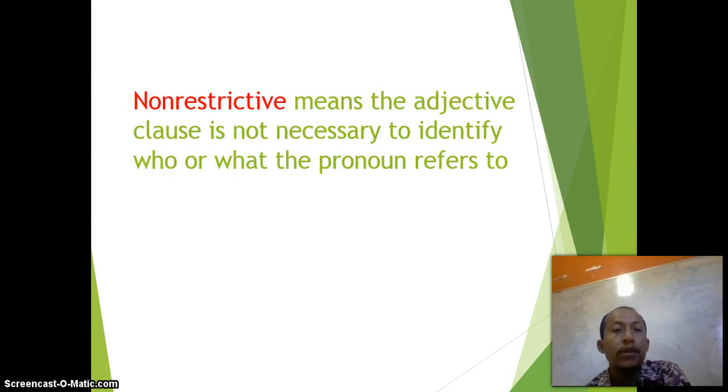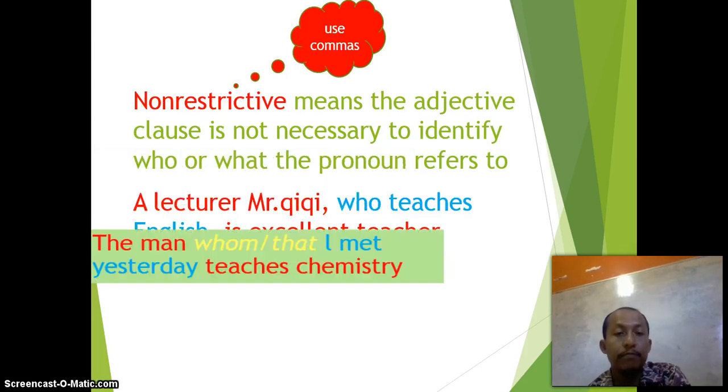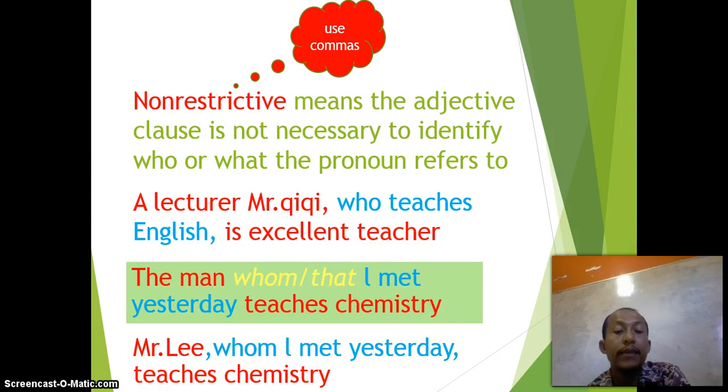But if it is non-restrictive, we have to use a comma. It's not necessary to know because it is already clear. A lecturer, Mr. Kiki, who teaches English, is excellent. So we use a comma because it is already clear. Mr. Kiki is the subject. The man whom I met yesterday teaches chemistry.